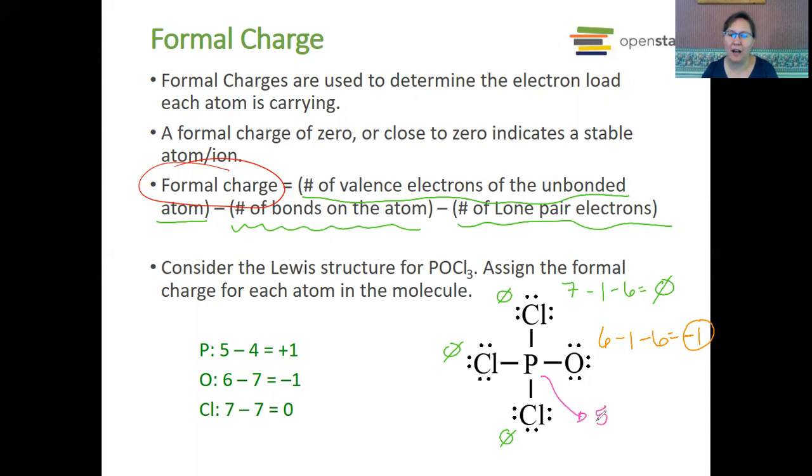Phosphorus comes with 5 valence electrons, minus 1, 2, 3, 4 bonds, minus 0 lone pair electrons, and that gives it a formal charge of +1. All right, now our -1 and our +1 cancel each other out, for an overall charge of 0.